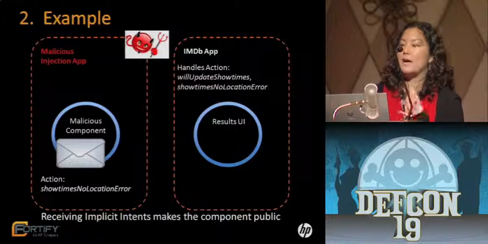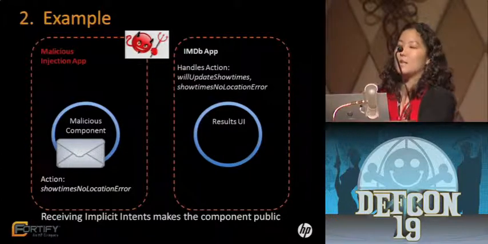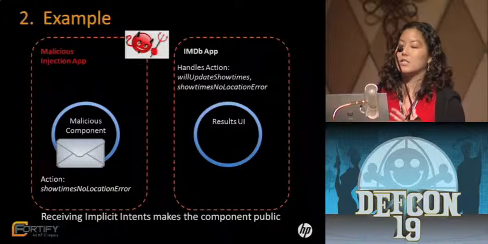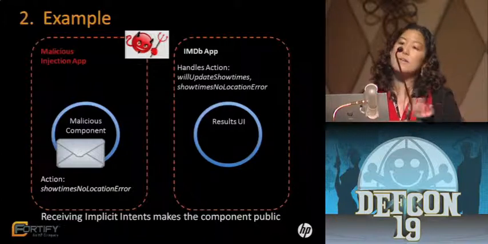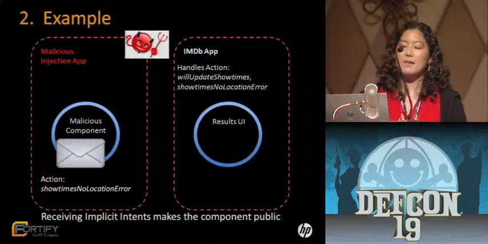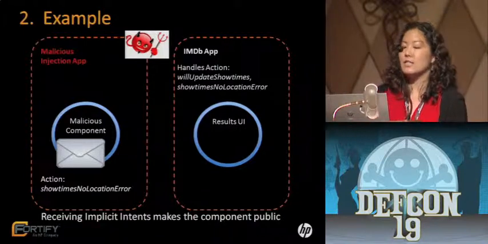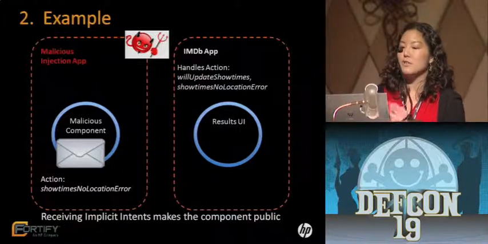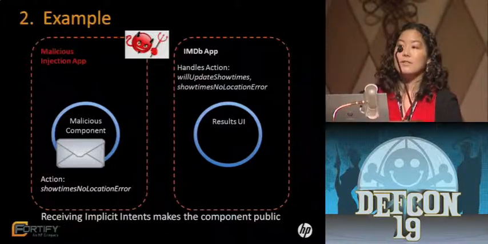So let's go back to the IMDb example. We had the receiving component that updates with show times or says that there's no location error. If you recall, it was receiving an implicit intent, which made that component public. And so as a result, a malicious application can simply send an intent to that component. It can send it either explicitly or implicitly.